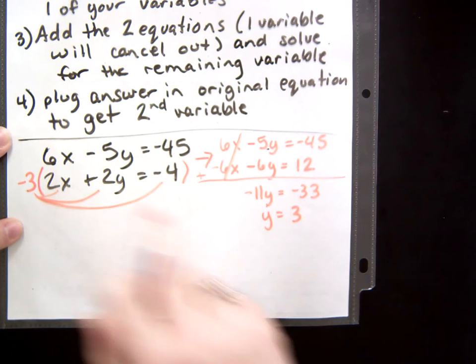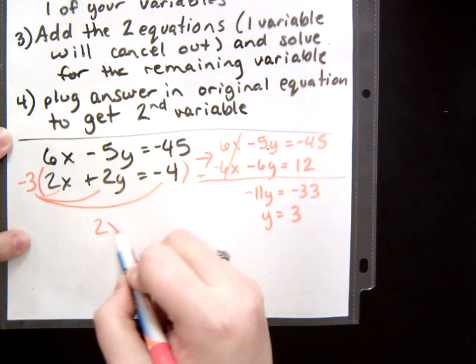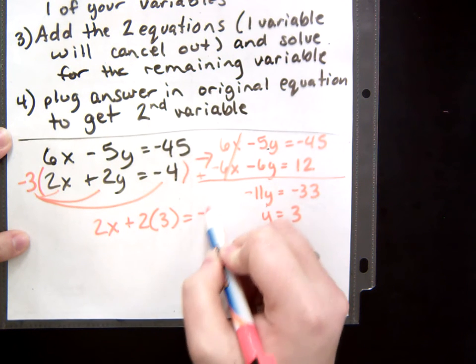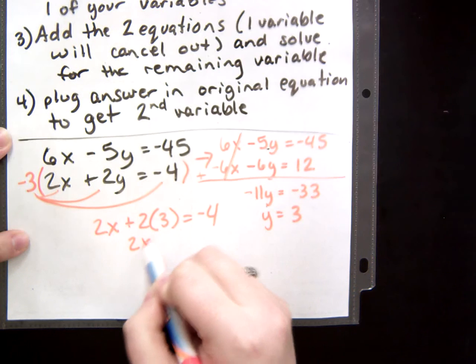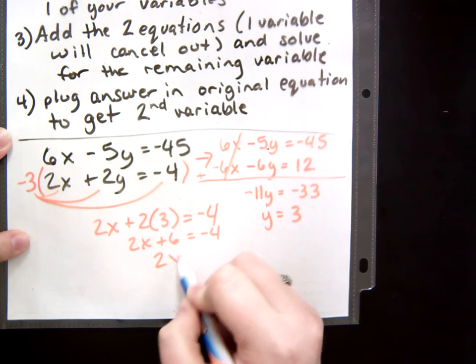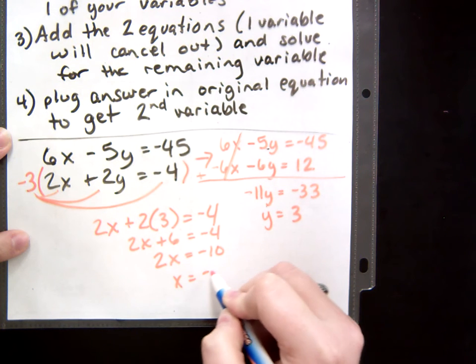And then I can plug it into one of the originals to get the other. So 2x plus 2 times 3 equals negative 4. Gives me 2x plus 6 equals negative 4. Subtract 6 to get 2x equals negative 10, and divide to get negative 5.